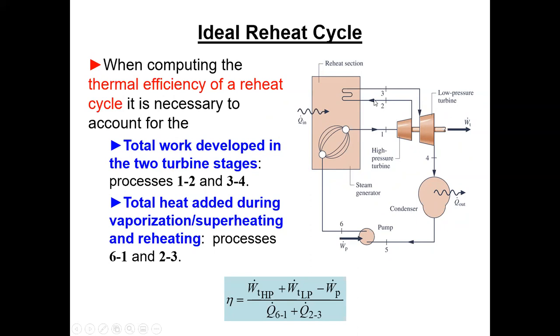We've got the total work out of the high pressure turbine plus the total work out of the low pressure turbine, subtracting off the total pump work, divided by the heat addition to the main steam and the heat addition to the reheat. You could do that all per unit mass if you wanted to; they're showing that with just totals.